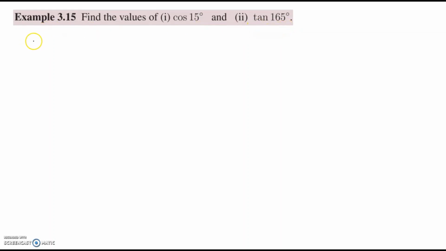So let's first solve the first one, which is cos 15 degrees. So cos 15 degrees can be written as cos(45 degrees minus 30 degrees).